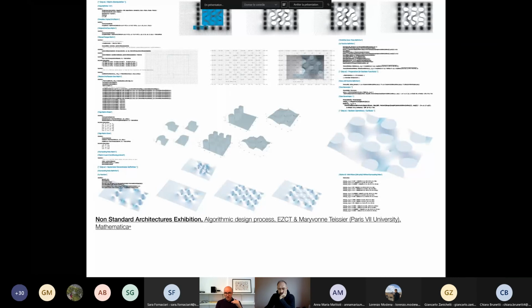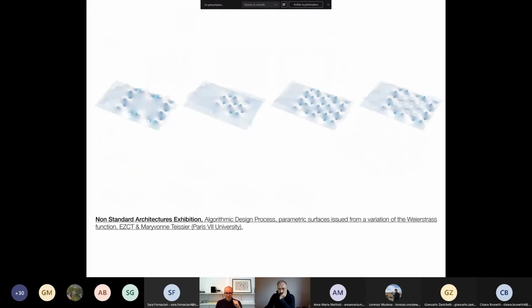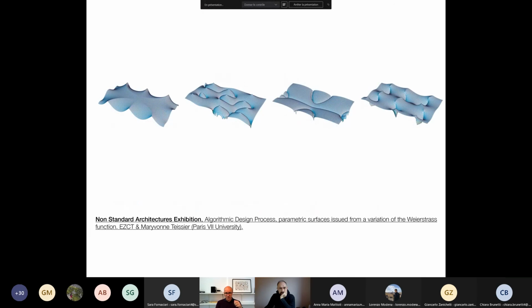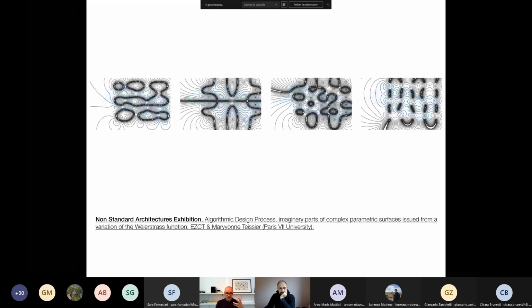And when it came to the pattern on the floor, we ran some experiments with various different kinds of patterns.